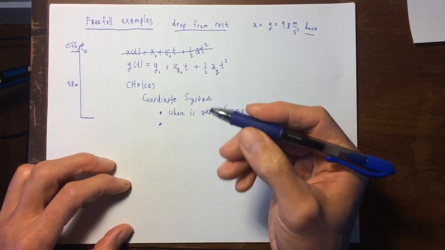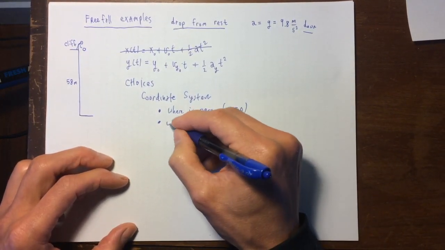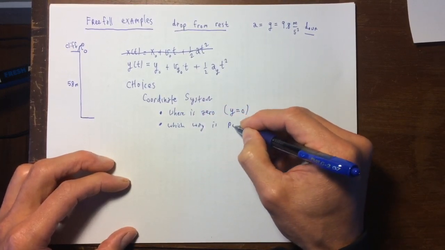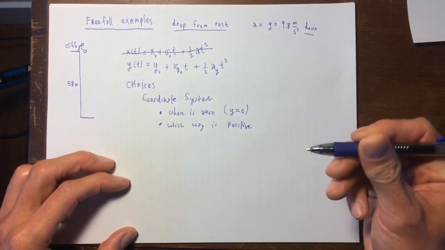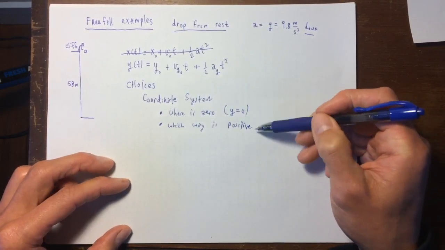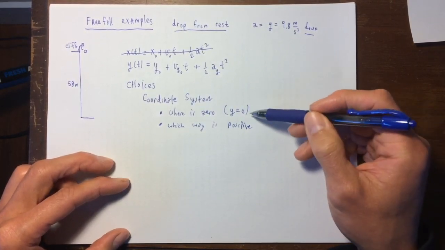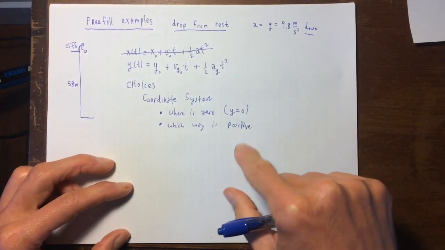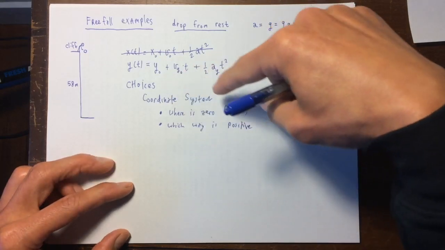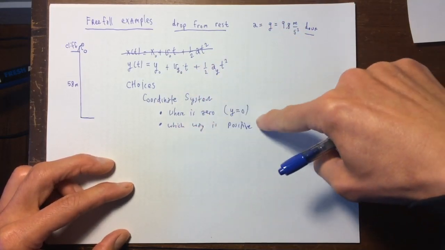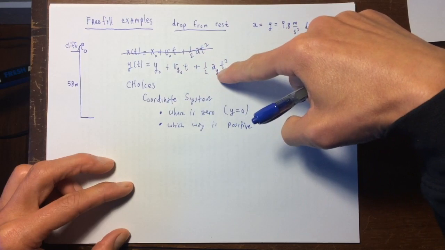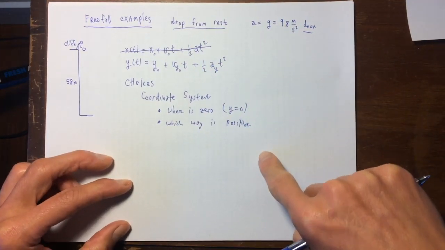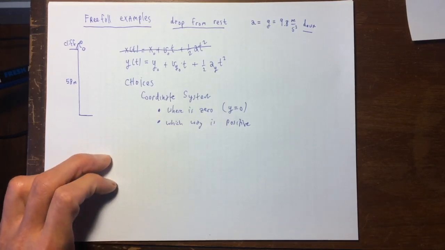And the other very important choice is which way is positive. The honest truth is it doesn't matter where or which way you choose for either of these, but you do have to choose somewhere. Once you make choices here and fill in the relevant quantities, you do not get to make changes afterwards until you change problems.